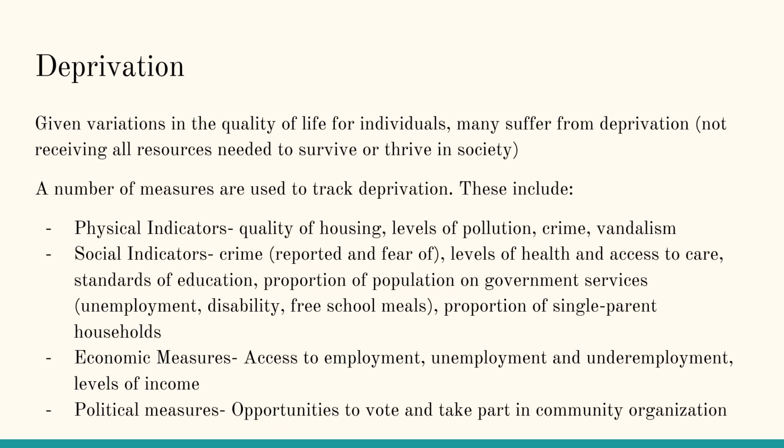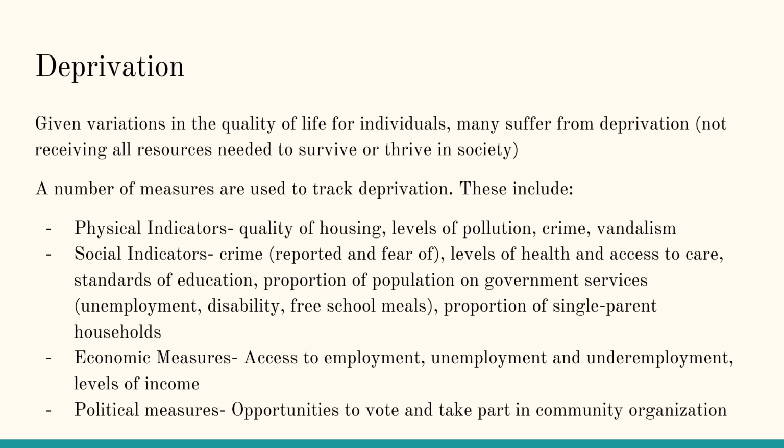And so because of the variations in the quality of life for so many individuals, especially within growing megacities or growing cities, you may see this deprivation happen in several different ways. The first of these are physical indicators, like the quality of housing, the levels of pollution, crime, and vandalism. But there's also social indicators as well that can teach us a lot about the deprivation that's happening.